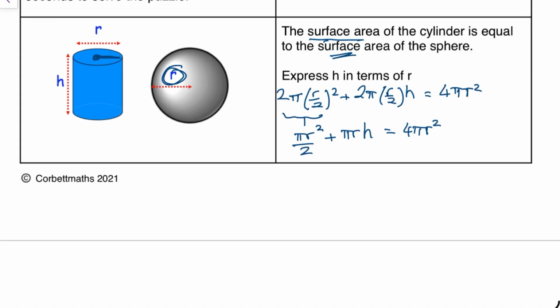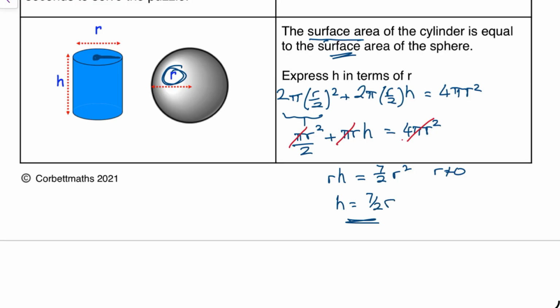Now, I'm going to cancel my pi's because I don't need those, do I? So I don't need the pi's anymore. I'm going to take away R squared over 2 from both sides, which is going to be RH is equal to, well, 8 minus 1 is 7, so it's going to be 7 over 2 R squared. R doesn't equal 0, which means I can say that H is equal to 7 over 2 R, and that's it.